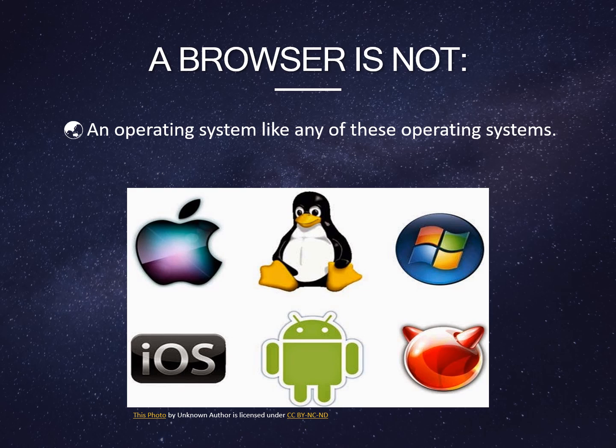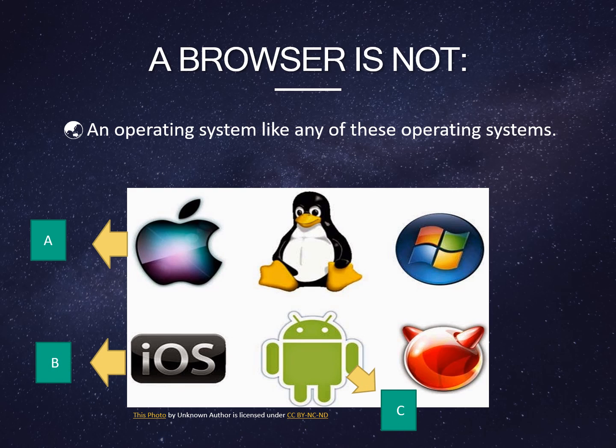Then you'll sign in to Google Classrooms, go to the About section, look for Chapter 1, Part 3, Operating Systems, and then click on the link and identify each one of these icons. You'll be identifying A, B, C, D, E, and F.